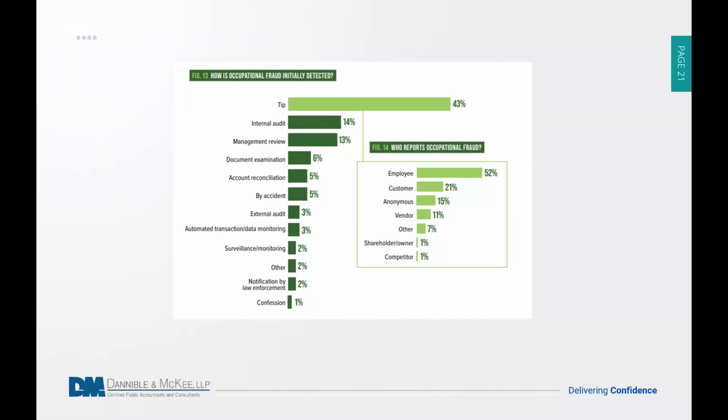They know their coworkers, they know their colleagues, they're close, they know habits, they can tell when something's up. Tips are the number one way that occupational fraud is detected. And it's as simple as having a 1 to 2 hour training session every year to go over the company's policy on fraud, how there's a zero tolerance for it, how everyone can help out by just keeping their professional skepticism on guard.